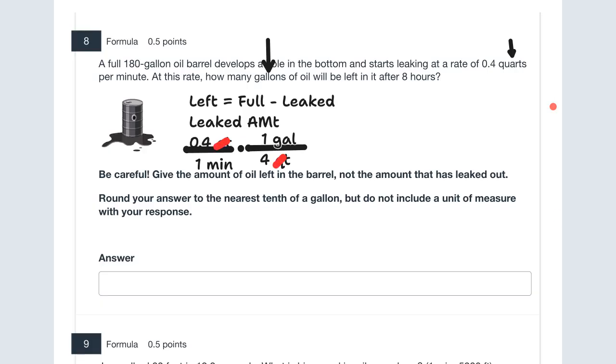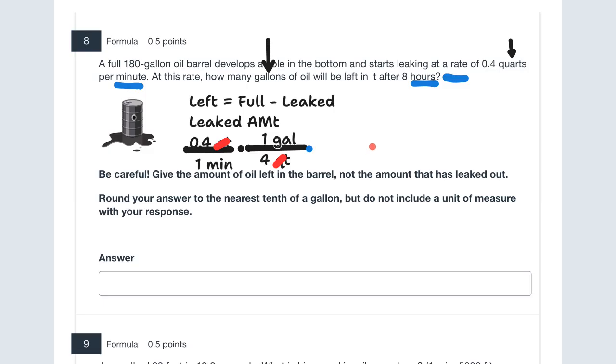Now, I also need to change the minutes to hours, because I have a leak amount in an hour, and I'm starting with minutes. So to change minutes to hours, I'm going to multiply this by a fraction.